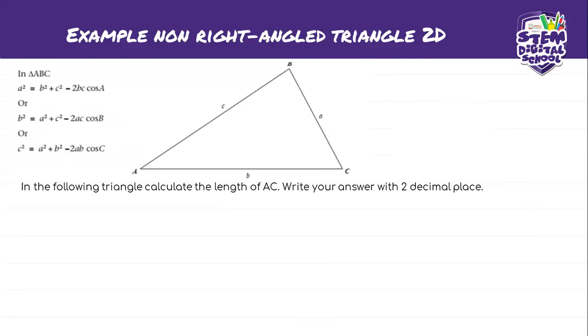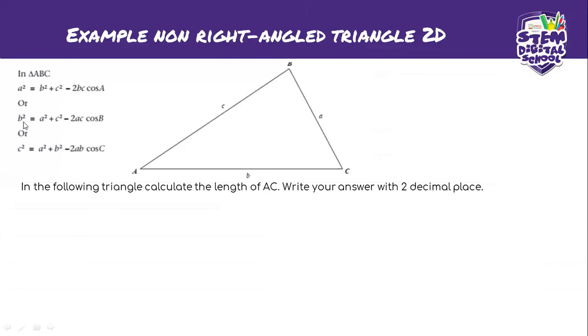The first one, if you can see, says A squared equals B squared plus C squared minus 2BC cos angle A, right?